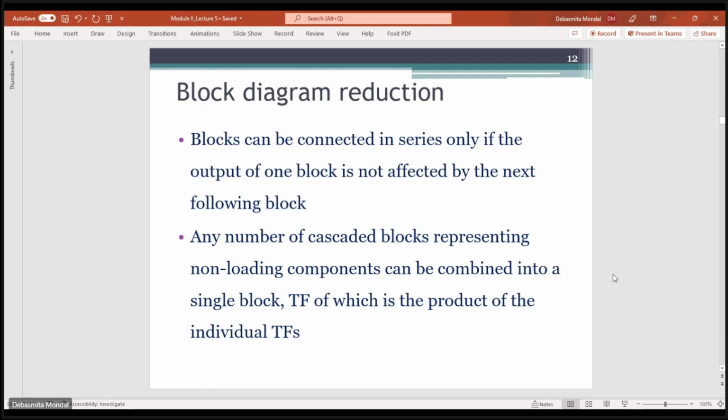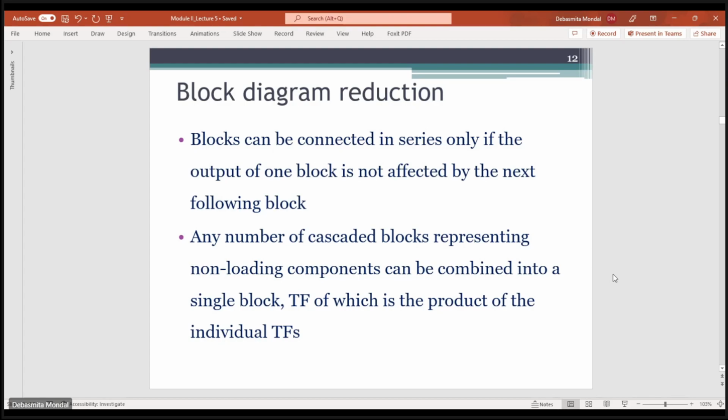Okay, so the main properties of this block diagram reduction method are that blocks can be connected in series. These are the basic properties: if you have one block which is not being loaded or affected by the following block, then those blocks can be connected in a cascade or in series.